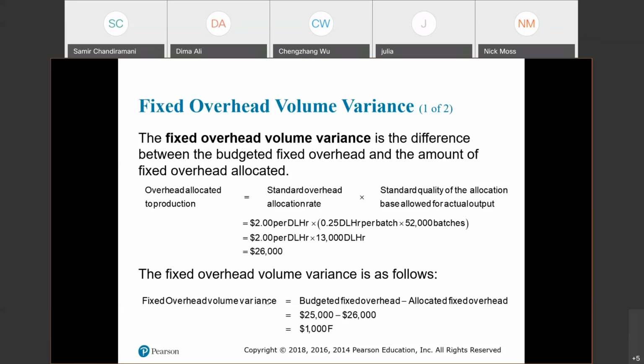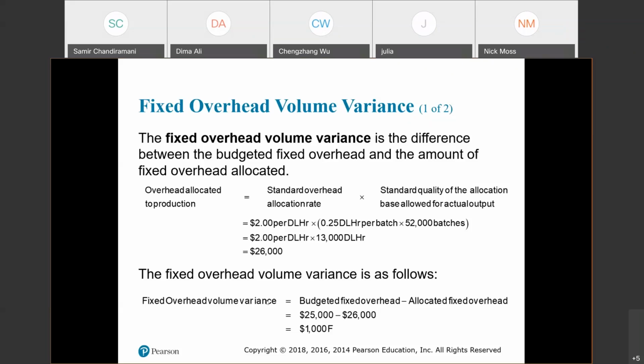So here, fixed overhead volume variance measures the difference between the budgeted fixed overhead and the amount of fixed overhead allocated to actual outputs. This variance measures how fixed overhead is allocated when the actual volume is not equal to budgeted volume.